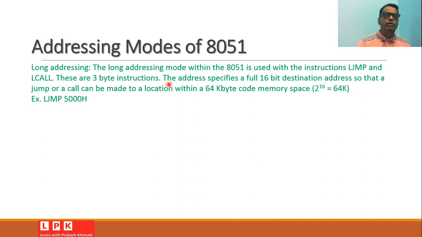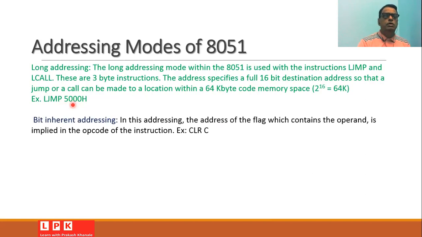Say, for example, when we write the instruction long jump 500H, one can easily observe that the destination address is mentioned in the instruction itself, and therefore the jump will take place from the current instruction to the instruction stored at this location.